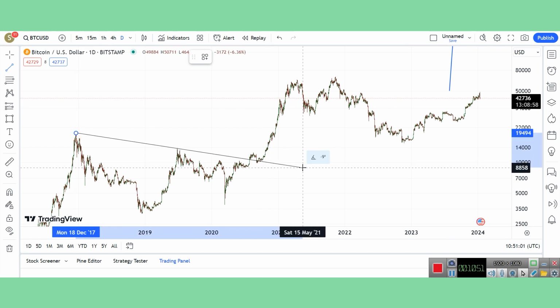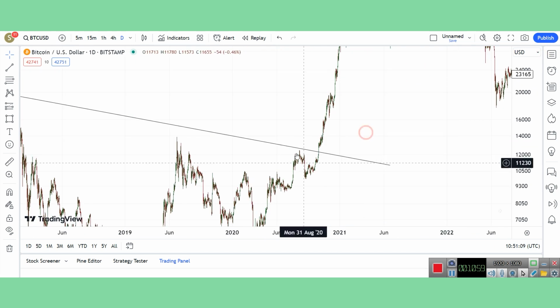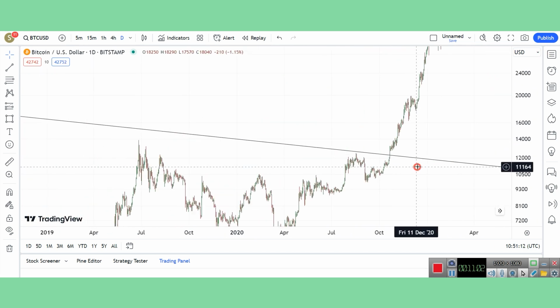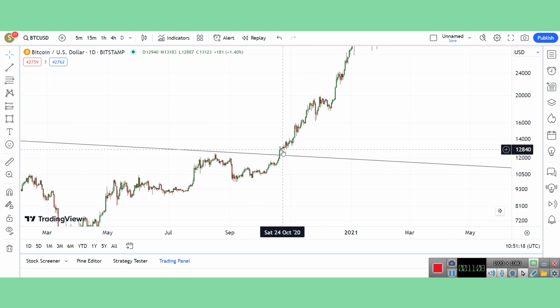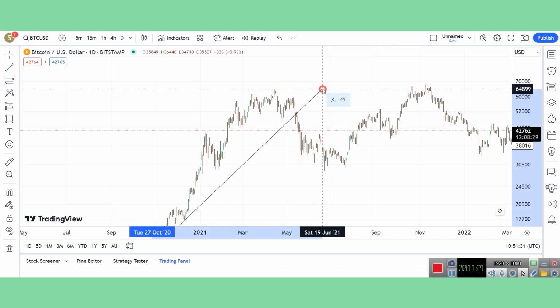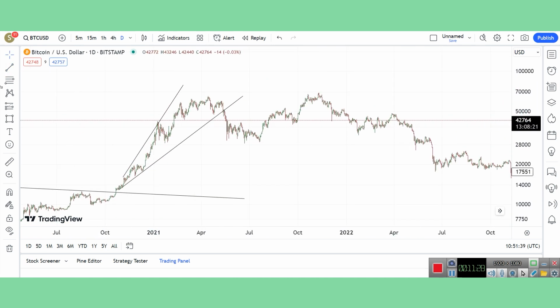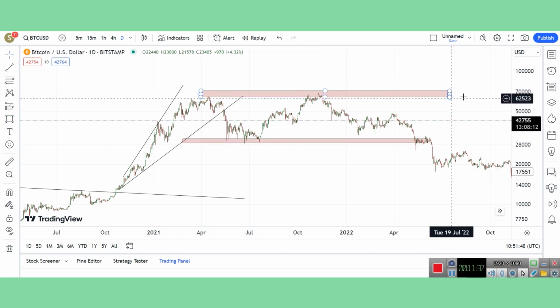We see a trend line here and we expand it. Here we see a breakout, or spike, a breakout of this trend line. Here we see very, very strong candles one after another. And then it goes through different corrections and forms a channel, and then a trading range between two zones.